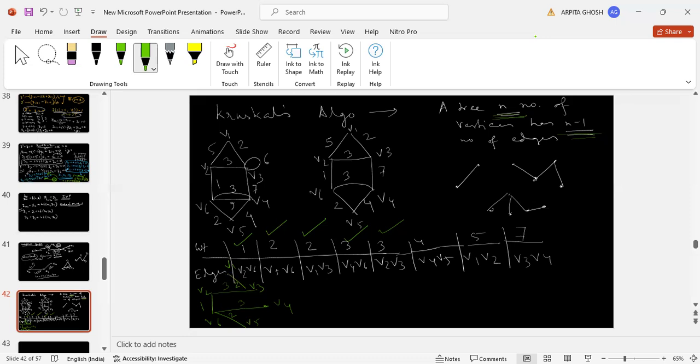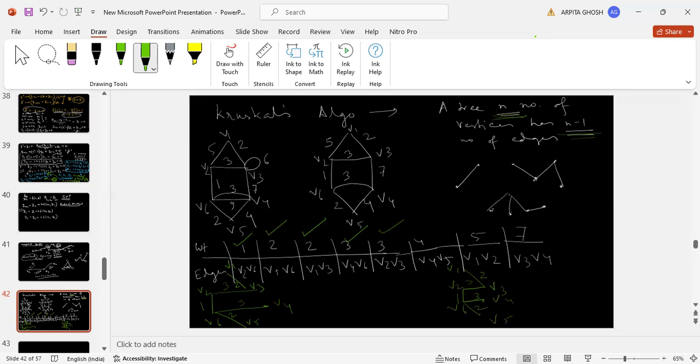The tree looks like this. This one, this one, this one, this one. This is 2, this is 3, 1, 3, and 2. This is V1, second one is V3, this is V2, V6, V4, V5.